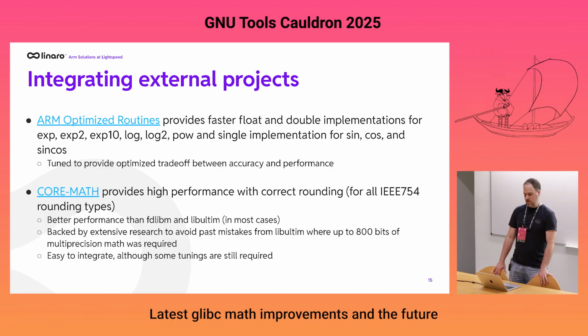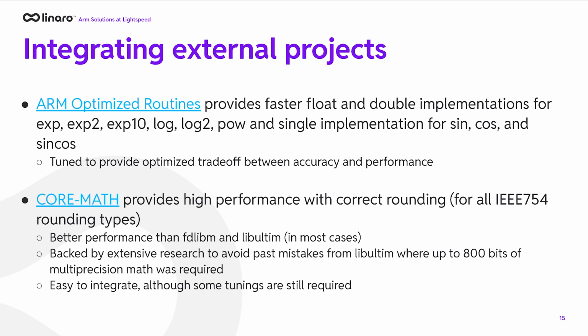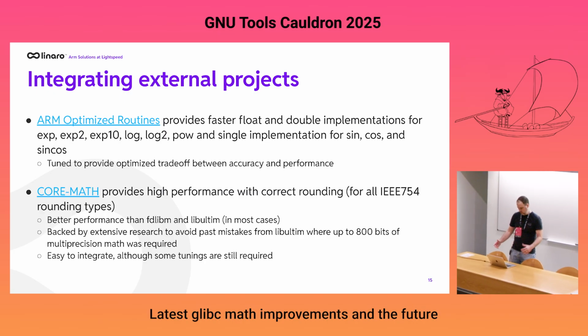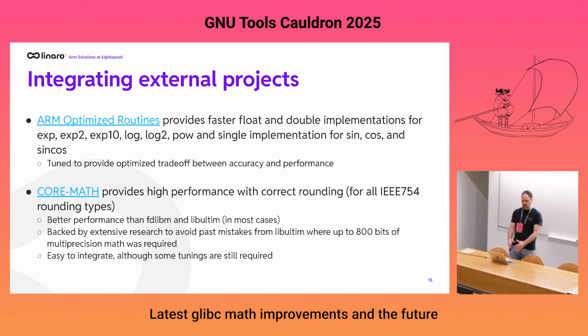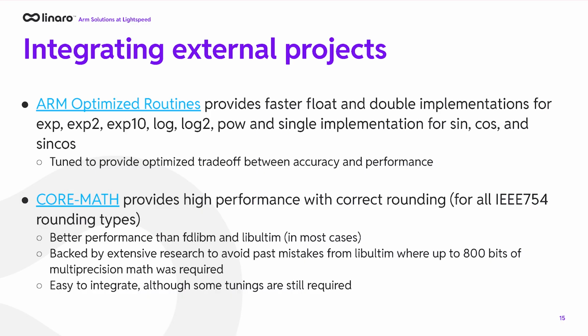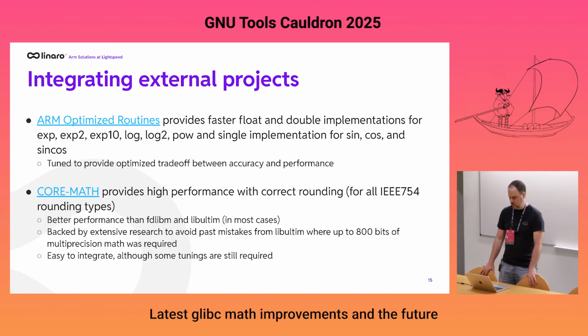So this is a subtopic that is really important: how to integrate, and why we are integrating, different projects into the libm and not just keeping what we have. The first one is the ARM optimized routines, which adds a lot of implementations for different symbols.